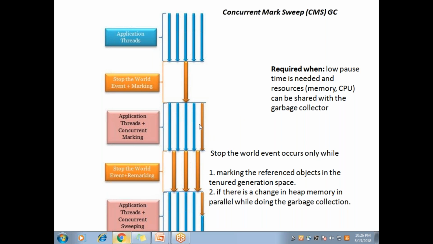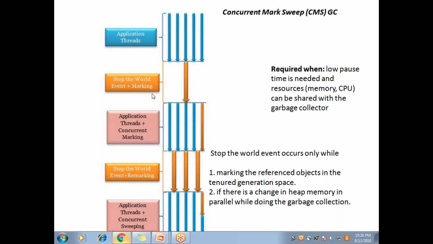It is marking all the things which need to be cleaned up. Once the marking is done, then the cleaning will happen, and that happens a little quickly because it's already been marked. Concurrently it is marking and it is cleaning up at a later point of time.